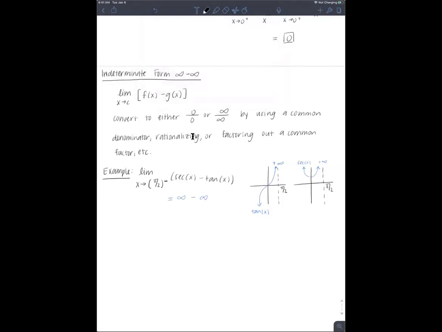Think about what you can do with the trig functions. Yeah, it's going to be a common denominator, right?